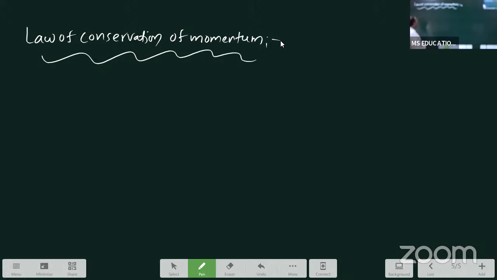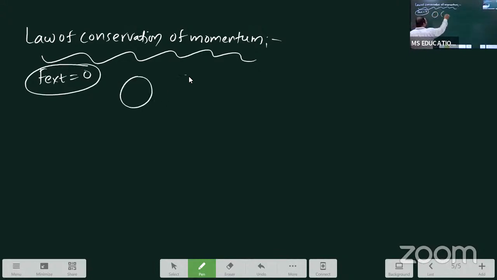In physics, anywhere the word conservation comes, it means constant. Conservation is nothing but constant. Law of conservation of momentum: if external force equals 0, a diagrammatic explanation.